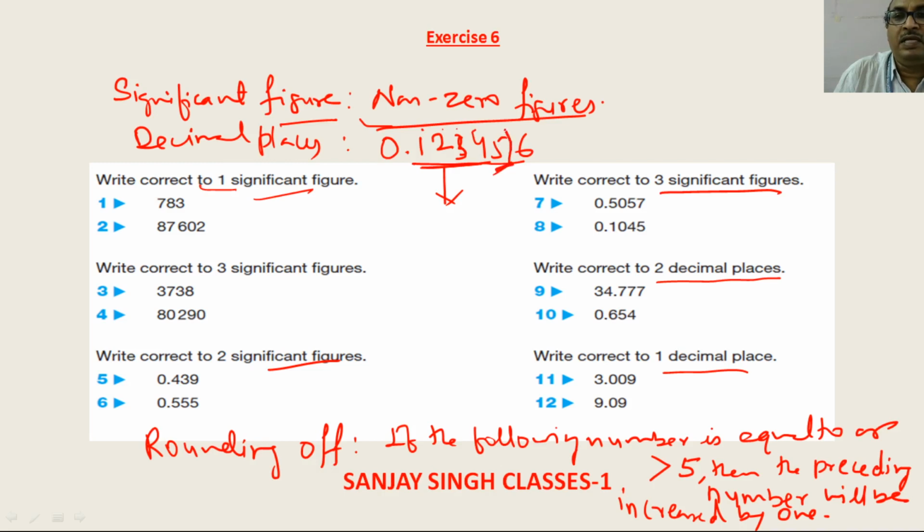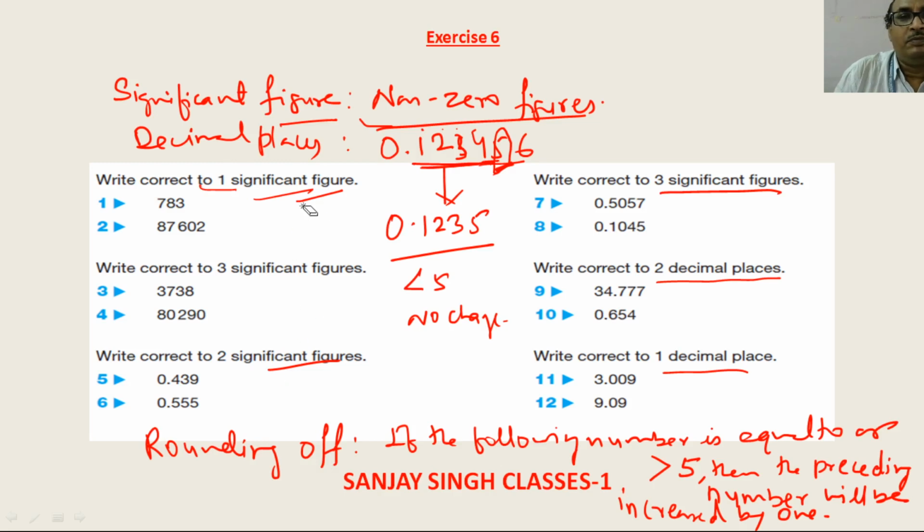If the fifth figure is 5 or greater than 5, then the 4 will become 5, so we increase the preceding number by 1. That is called rounding off the digits. For 3 significant figures we see the fourth digit, and for 4 significant figures we see the fifth digit. If it is less than 5, there will not be any change.